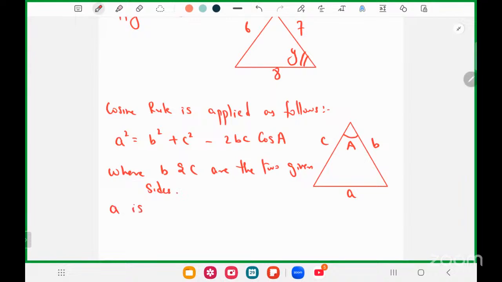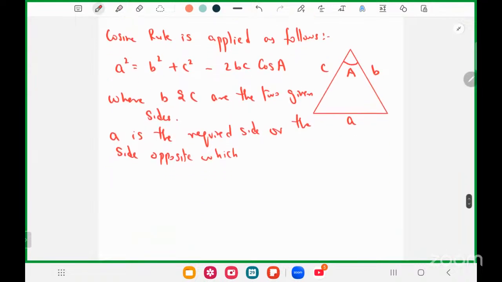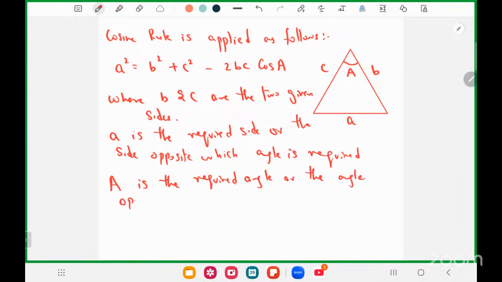Small a is the required side, or the side opposite which angle is required. Capital A is the required angle, or the angle opposite which the side is required.